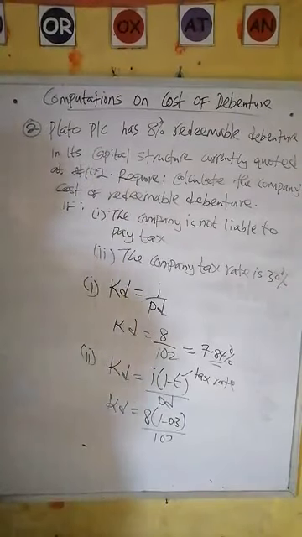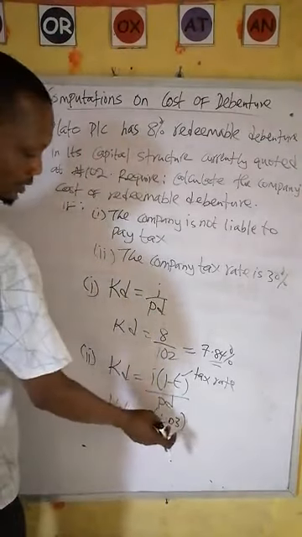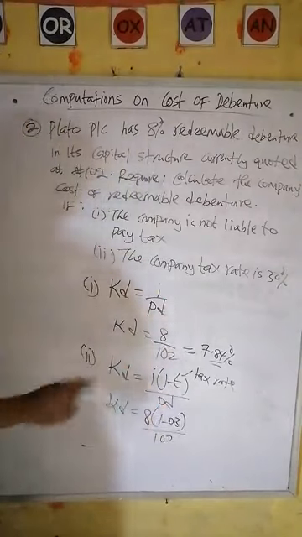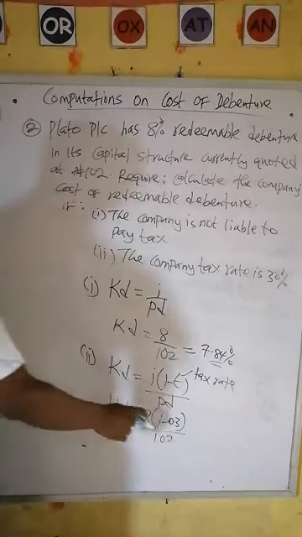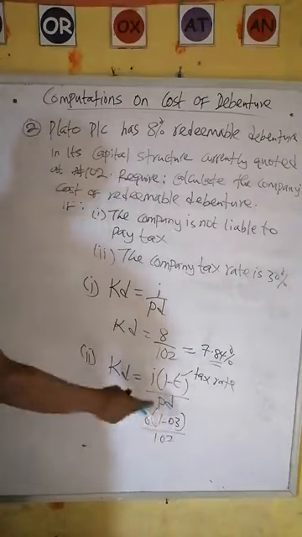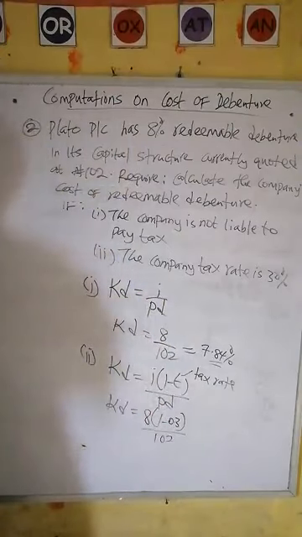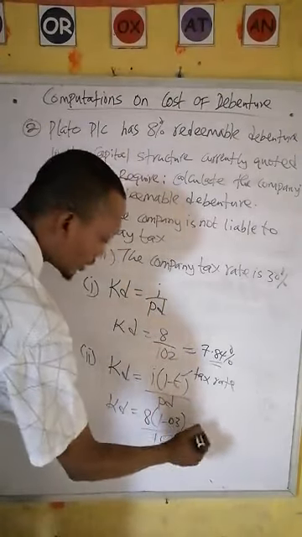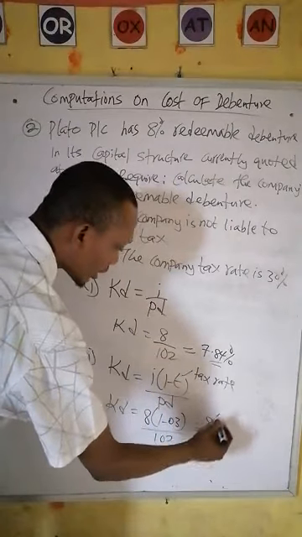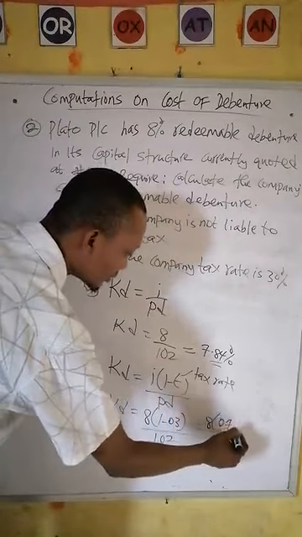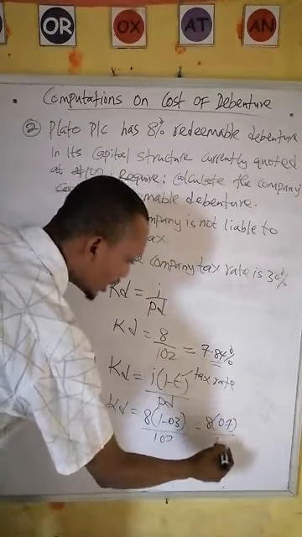When you do 1 minus 0.3, that gives us 0.7. So 0.7 multiplied by 8, all over 102.